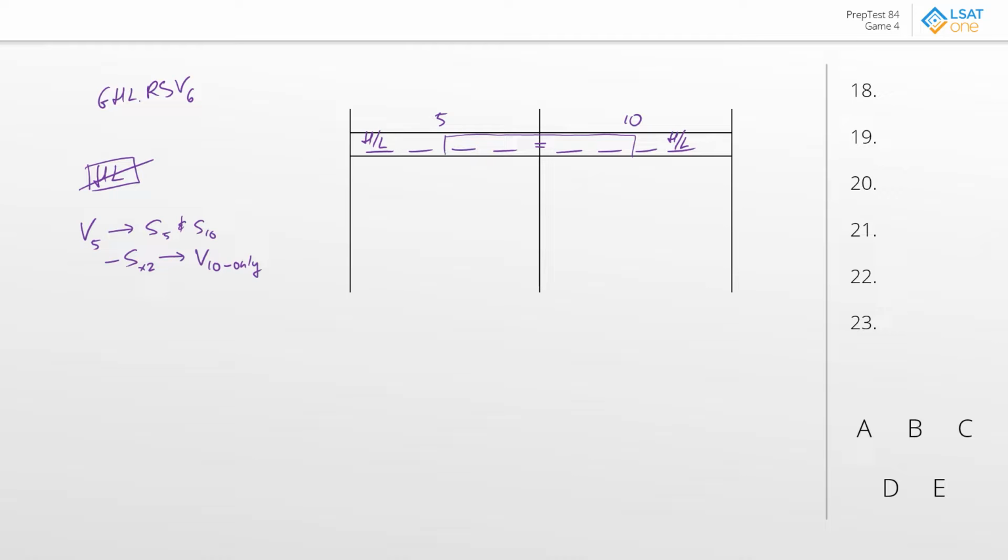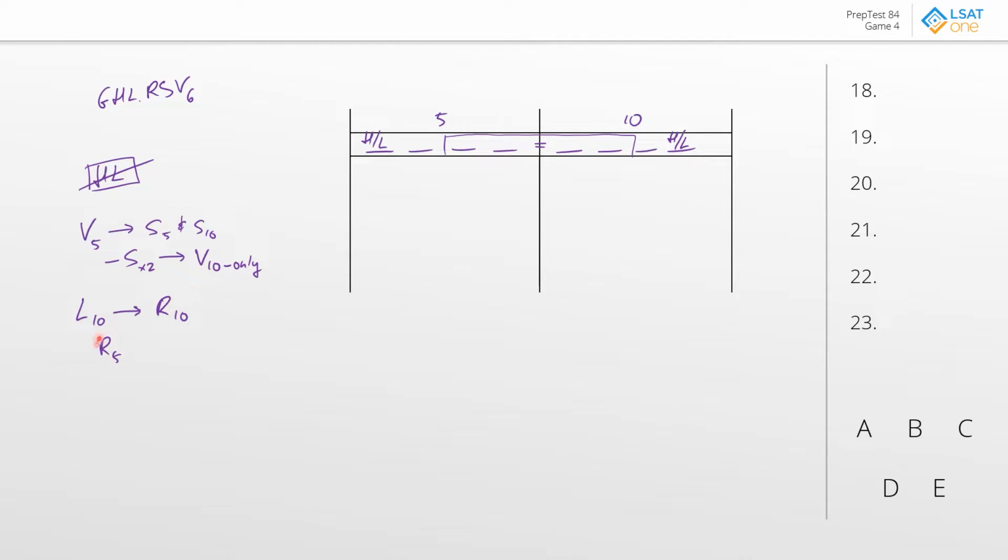Next, the last rule says that if L does 10-year bonds, then R will as well. So if L does 10s, then R does 10s as well. The contrapositive then would say that, and again actually here, it might be tempting to say something like if R does 5s, but this wouldn't really be complete or even accurate really, because the rule really should be if R didn't do 10s.